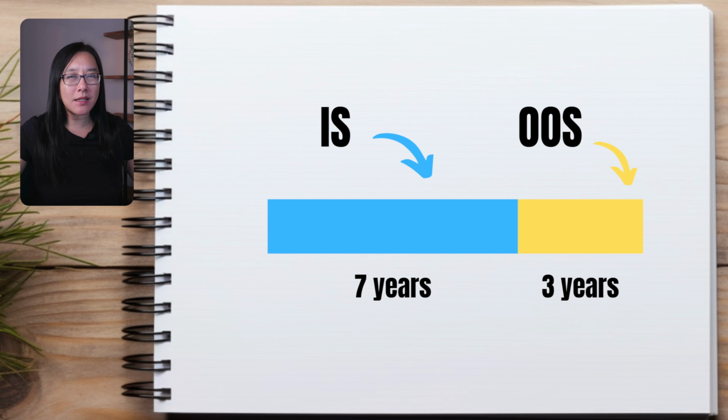You see about, hypothetically, 10 years of data, of which the first part is in-sample and the last part is out-of-sample, usually about a 70-30 ratio. But that is just the basic principle. You can do a lot more than just 70% in-sample and 30% out-of-sample.